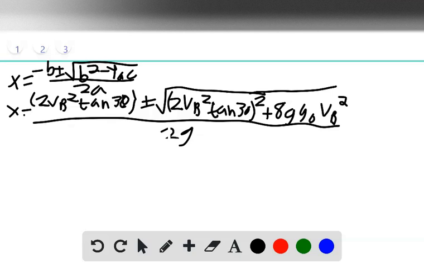And that simplifies a little bit. The 2 goes away, and this one can cancel with the bottom one.